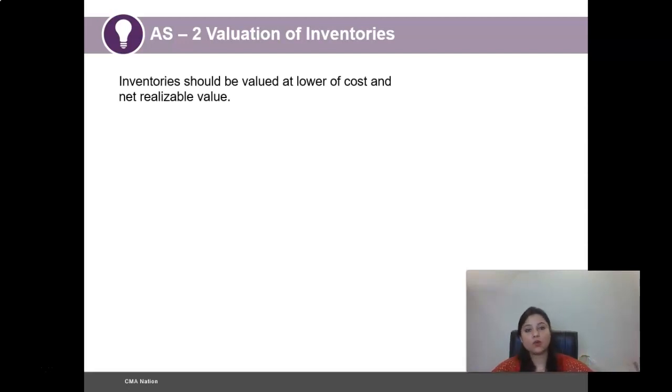So up till now, what we have covered is what is inventory, what all is included in inventories, and AS2, where it is not applicable.